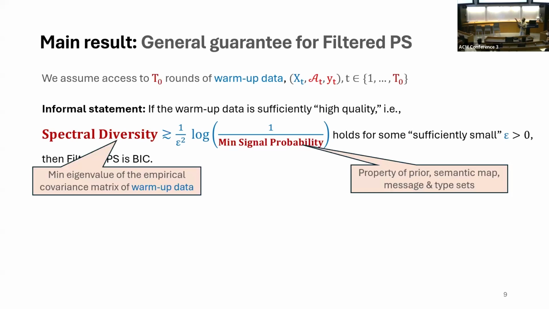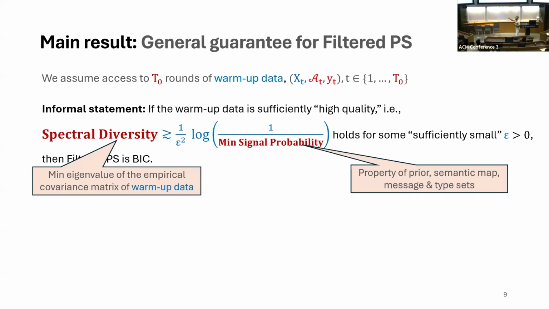So this is a property of the warm-up data. In simple terms, if the warm-up data is high quality, meaning all of its eigenvalues are sufficiently bounded away from zero, in this precise sense, then you're good to go.